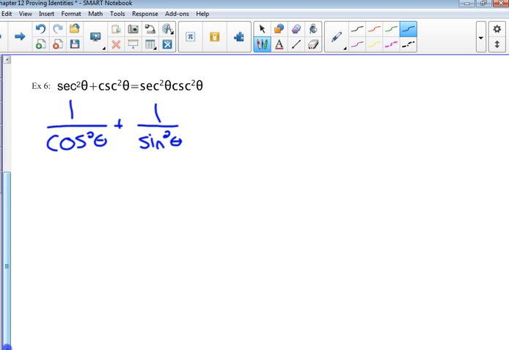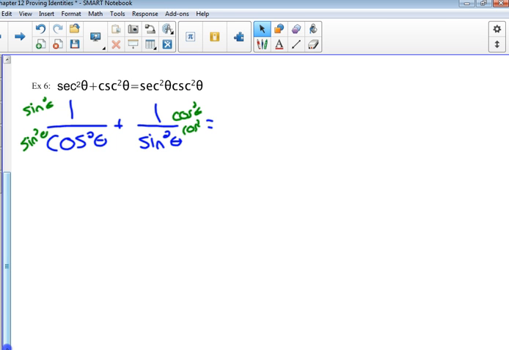Did you have to get like a common denominator to add them? Alright, so you know what? I love it. Because if you're adding fractions, we do need a common denominator, so let's try it. So what do you want to multiply this one by? Sine squared. Good. This one's going to need a cos squared. Okay, let's multiply the top.